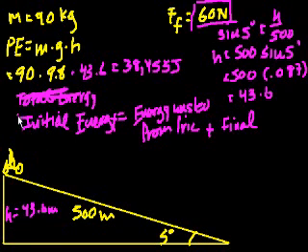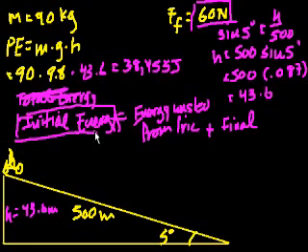So we know what the initial energy is in this system. That's the potential energy of this bicyclist, and that's roughly 38.5 kilojoules, or 38,500 joules, roughly.